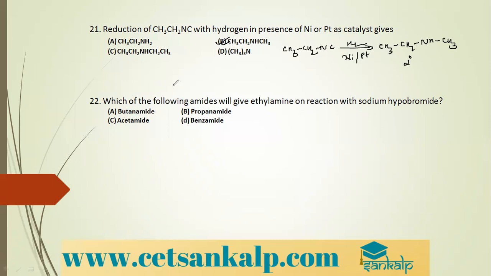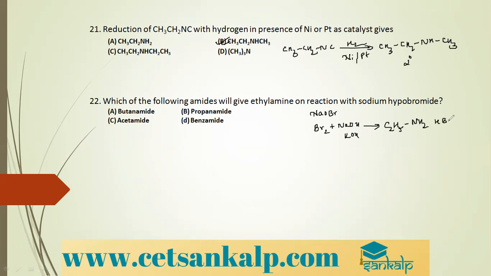Next question. Which of the following amides will give ethylamine on reaction with sodium hypobromite? Sodium hypobromite is nothing but NaOBr. This is not obtained directly; we need to take bromine plus NaOH. So you want ethylamine, C2H5NH2, using bromine and NaOH or KOH, it doesn't make any difference.